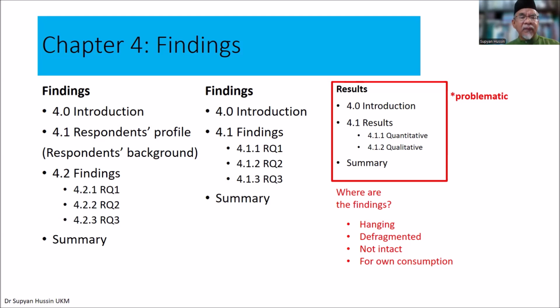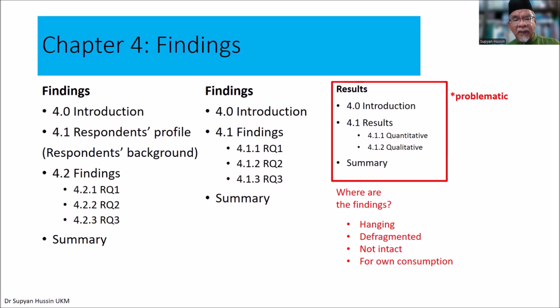Logically, when you prepared your research instrument, you probably had one instrument on demographic information, and then you distributed the questionnaire together with the demographic form. Then when you got back all these forms, you analyzed the data. You got the data, and then you put the data in chapter 4. Why do you want to put the data in chapter 3, when chapter 3 is simply methodology?